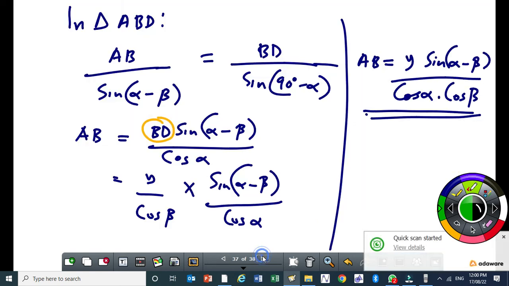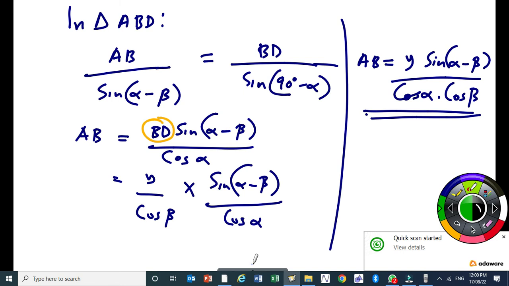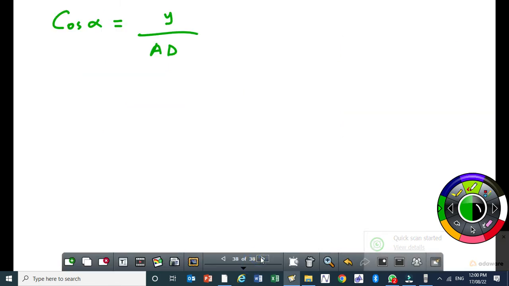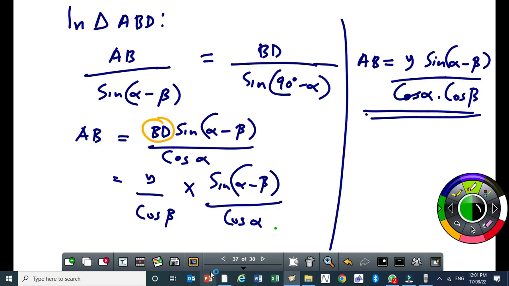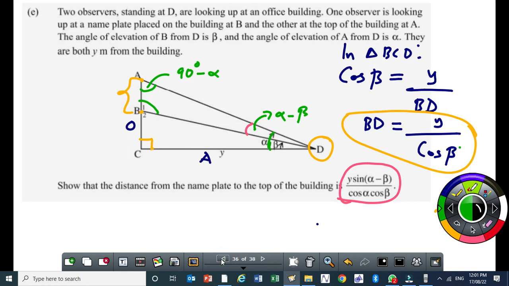Let me specify the triangle just to make sure that everything is more clear. So in triangle ACD, whereby our adjacent side, our angle cos alpha, because the adjacent side is y.